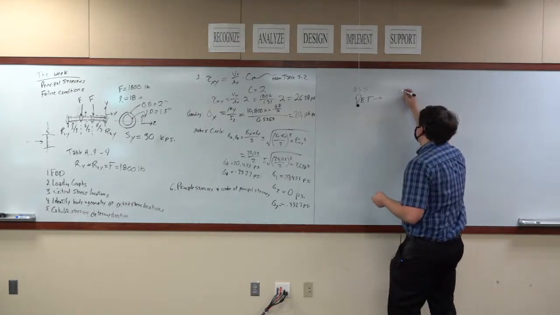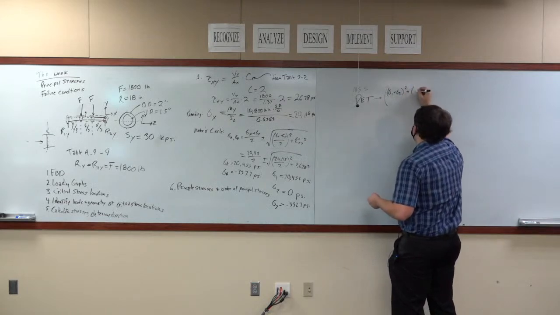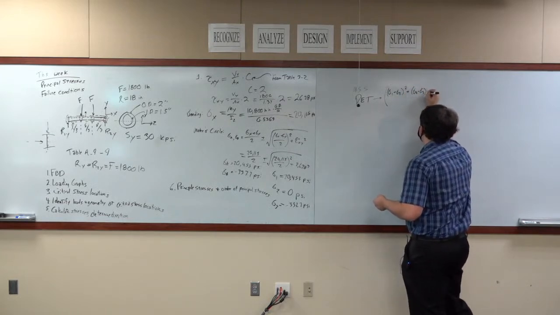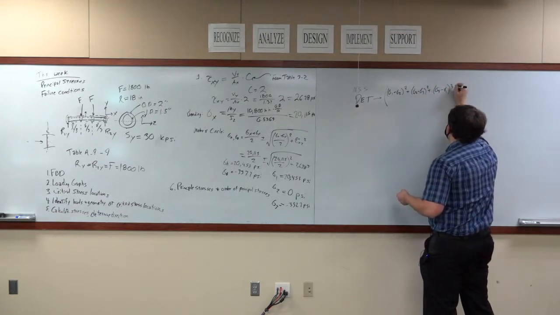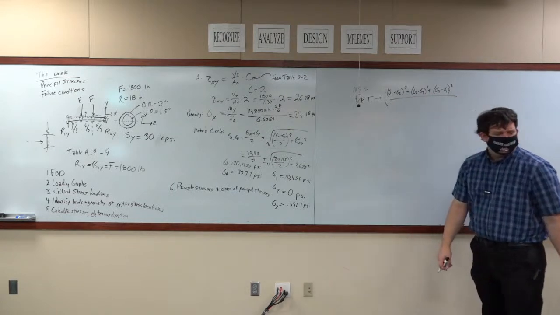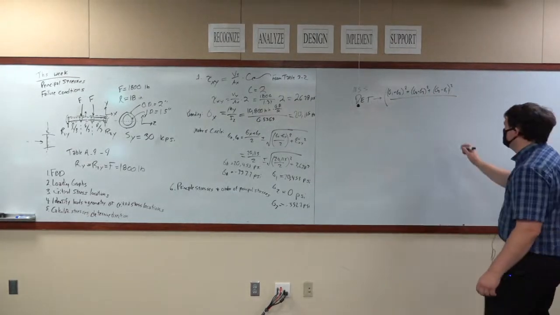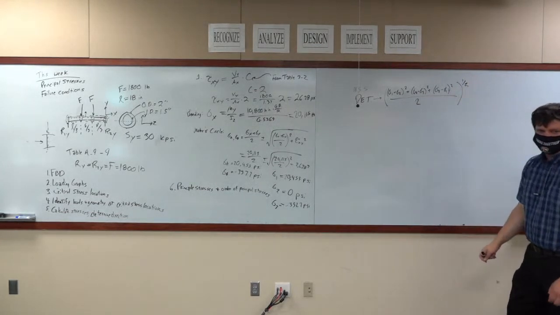Okay, the calculation for von Mises stress is the square root of sigma 1 minus sigma 2 squared plus sigma 2 minus sigma 3 squared plus sigma 3 minus sigma 1 squared, divided by, I believe it is 2? Nice, thanks. And then you take the square root of it. Okay?